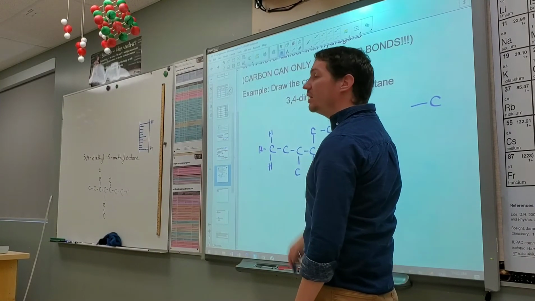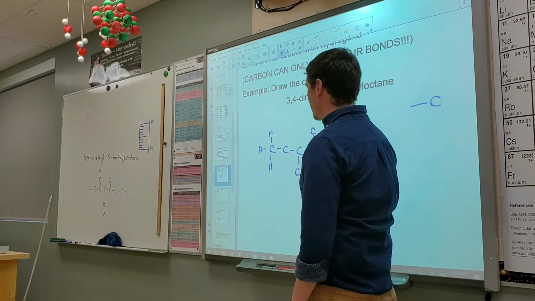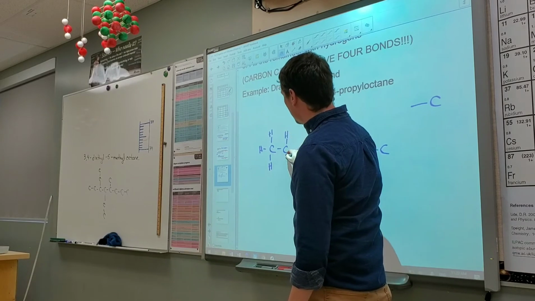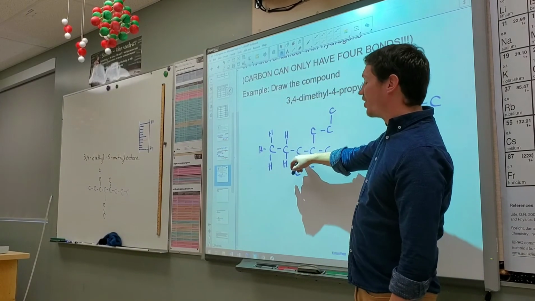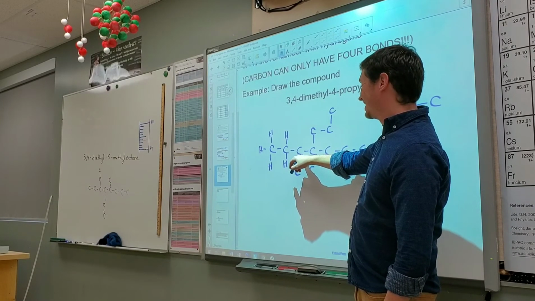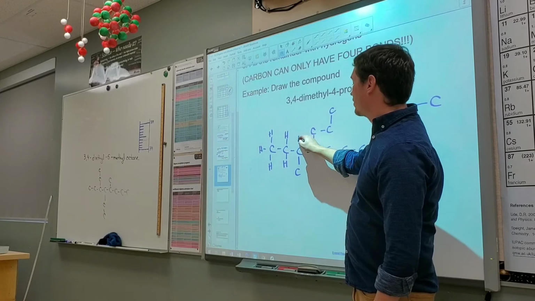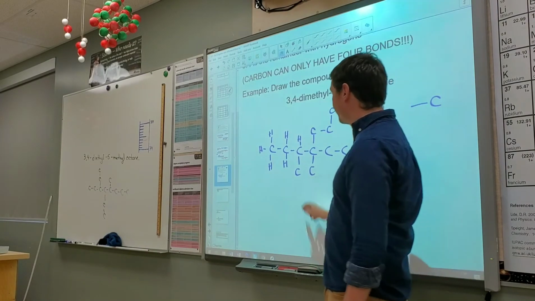All of the intermediate carbons are different depending on how many branches are on there. So 2 on this one. How many hydrogens on that third carbon? 1. How many hydrogens on the fourth carbon? 0. Right? Okay.